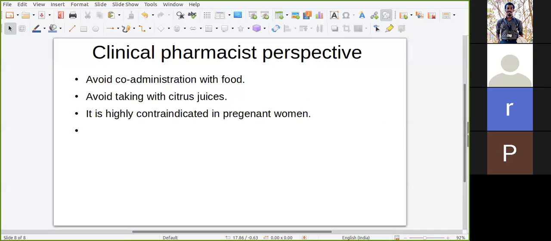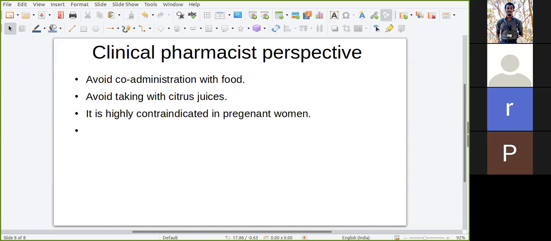In the third trimester, it may cause earlier delivery. So once pregnancy is confirmed for a girl, we should immediately stop the valsartan and refer her to the doctor to change to another drug.